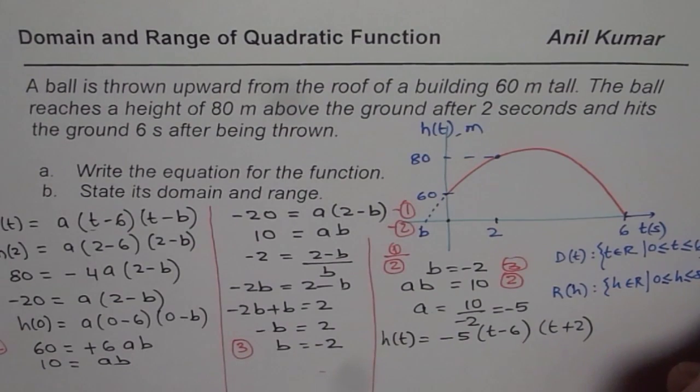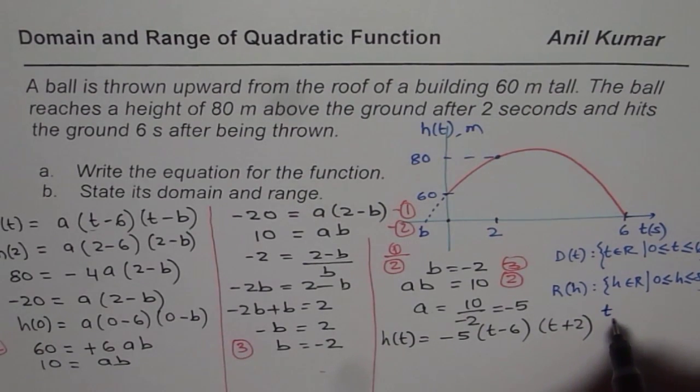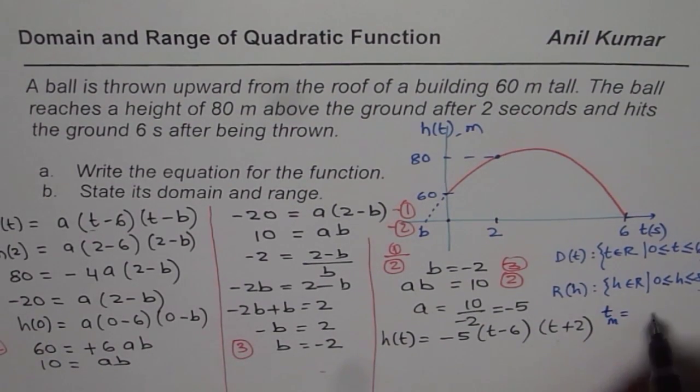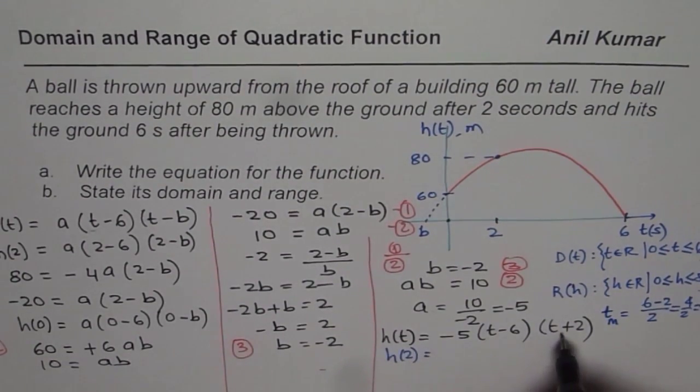Why 80? Because my maximum will be at the midpoint, correct? Now from here, this is the equation. The maximum will be at the midpoint, which is 6 minus negative 2, divided by 2. And 6 minus negative 2 is 4, 4 divided by 2 is 2. And we know h of 2 is, you can substitute here.